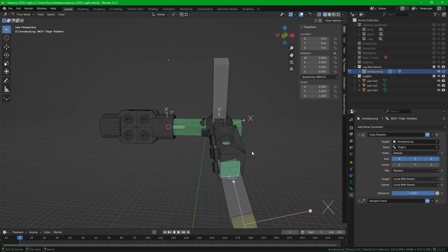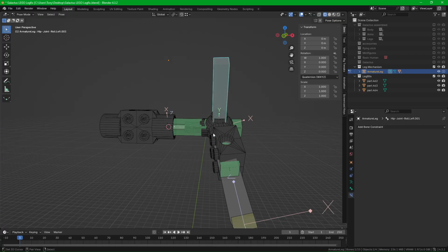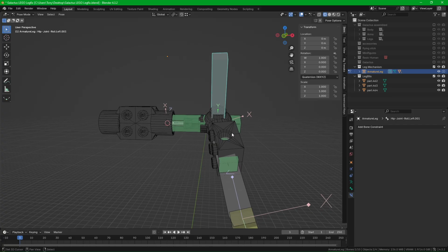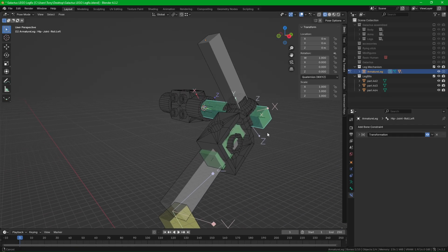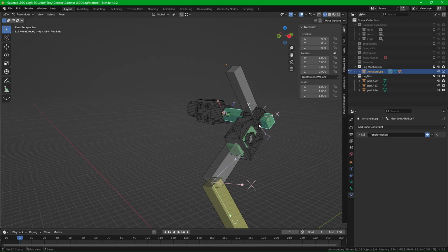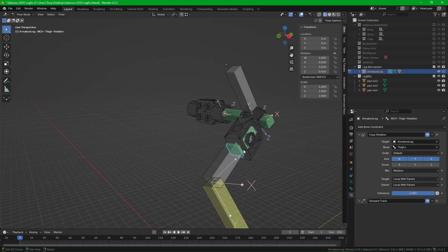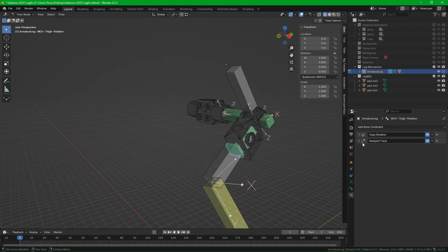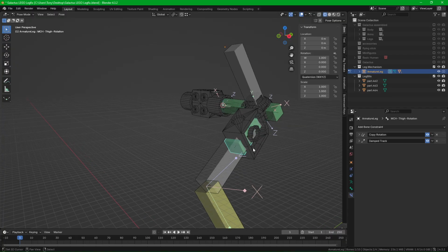You could do that, and that would mean that you wouldn't have to make extra bones that a target looks at, so you would have less bones. But then you've still got a fairly complicated mechanism inside this transformation thing that you've got to set up, which I would have found to be a pain in the ass. So this is an easier way to do it. You just copy the rotation and then you adjust it or fix it with damp track after.